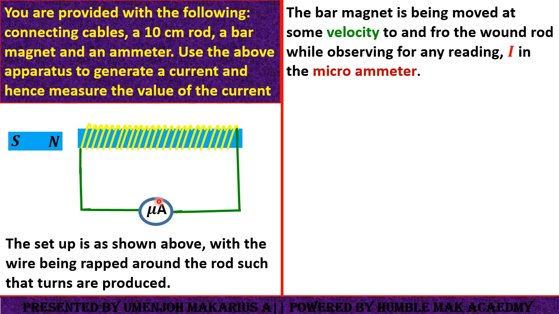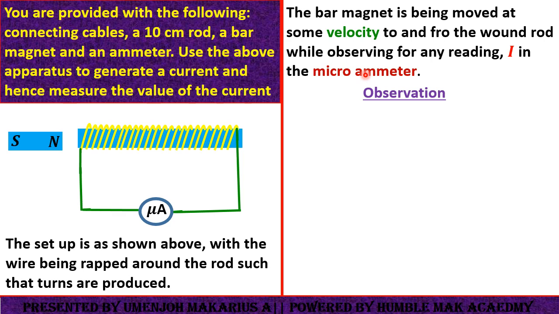Okay, the EMF that is going to be generated is going to be very, very small, and the ammeter has to be set to the microammeter range such that it becomes very sensitive to any current change. That's why we have microammeter here and not just ammeter. The current that this meter is going to detect is going to be of the magnitude micro, very, very small, sometimes micro, sometimes milli. Okay, it's going to be very, very small. All right, so guys, that's it.